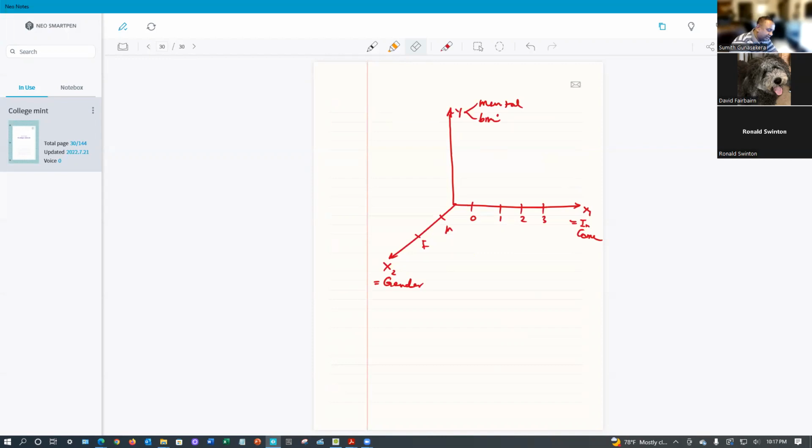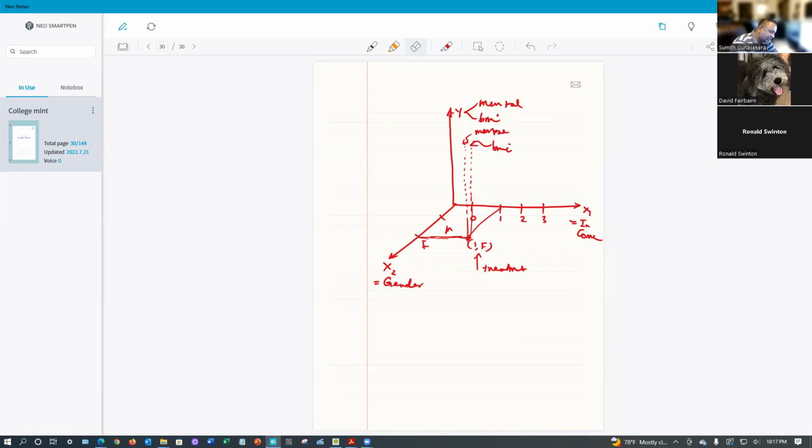For any treatment, for instance 1 comma F, female, you have 2 readings, 1 for mental and 1 for BMI.